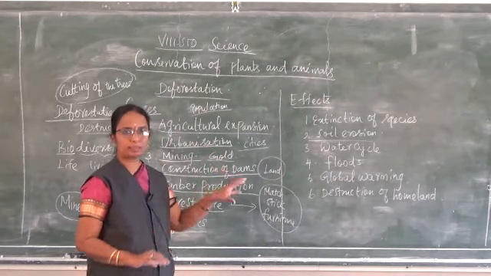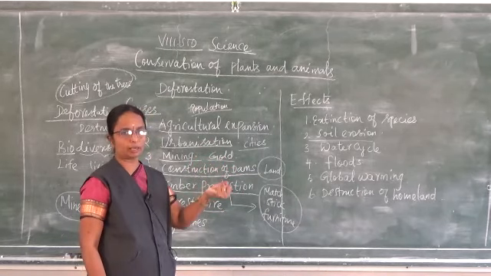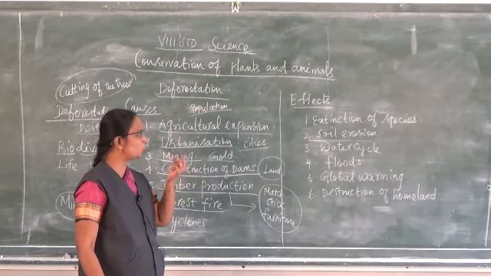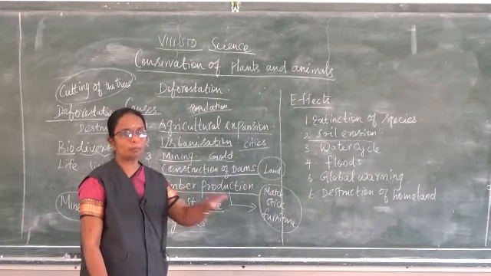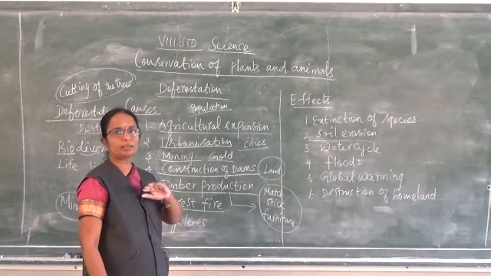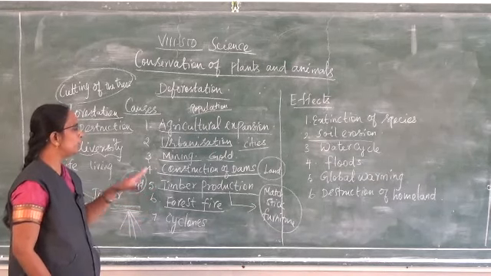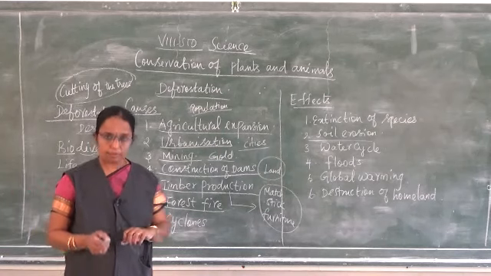If the trees are there, they will hold the soil firmly so that the soil will not be eroded easily. If the topsoil is lost, all the nutrients will be washed away. So in order to prevent that, the plants are holding the soil firmly.